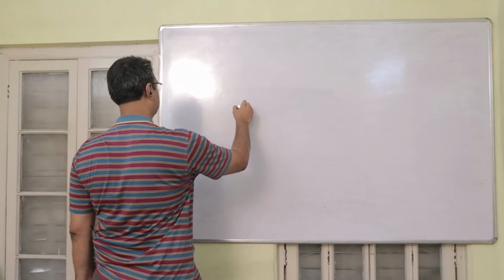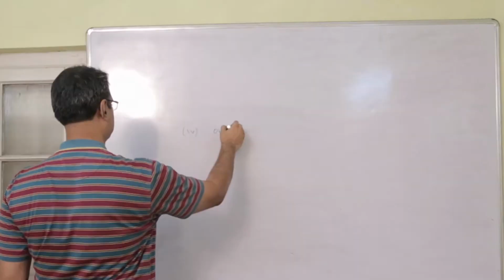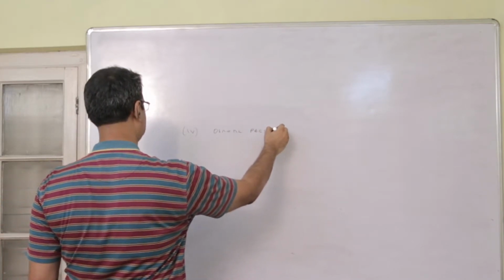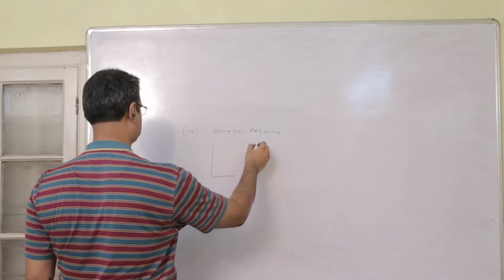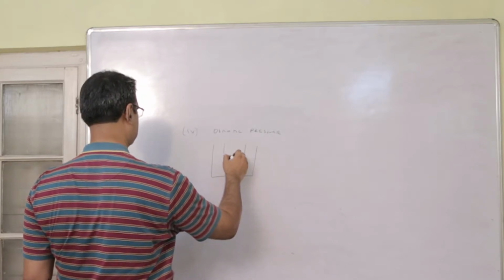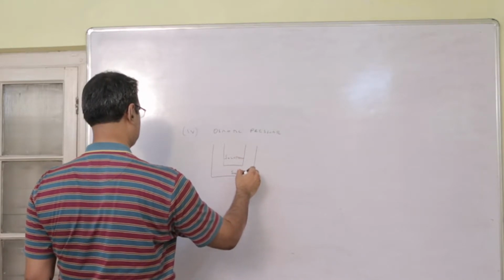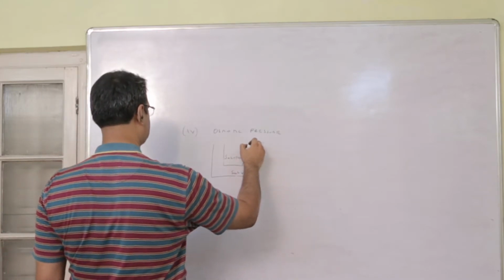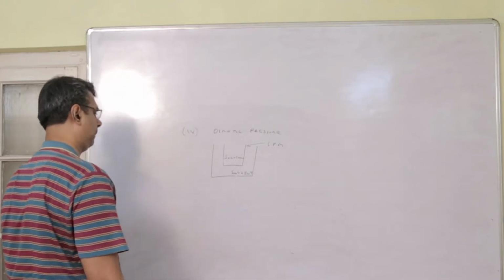Then we come to colligative property number 4, that is osmotic pressure. Suppose there is a solution and a solvent, and they are separated by a semi-permeable membrane.